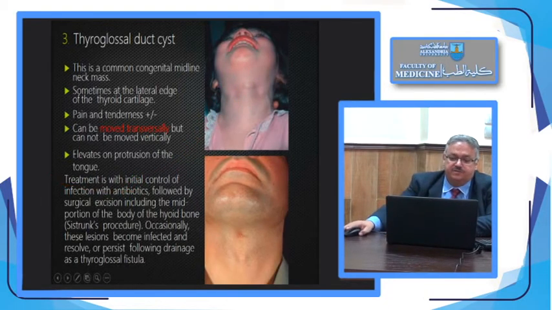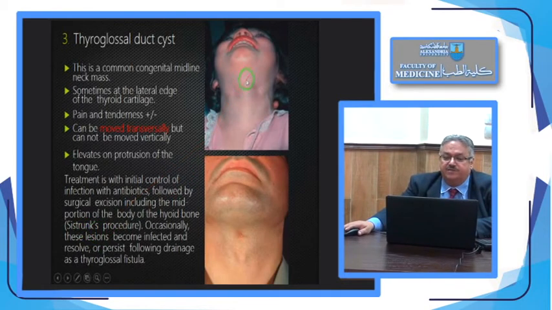What about the treatment? Treatment is with initial control of infection with antibiotics, followed by surgical excision, including the middle portion of the hyoid bone, not only the cyst. You need to go up there and excise the middle portion of the hyoid bone. This is called the Sistrunk procedure.